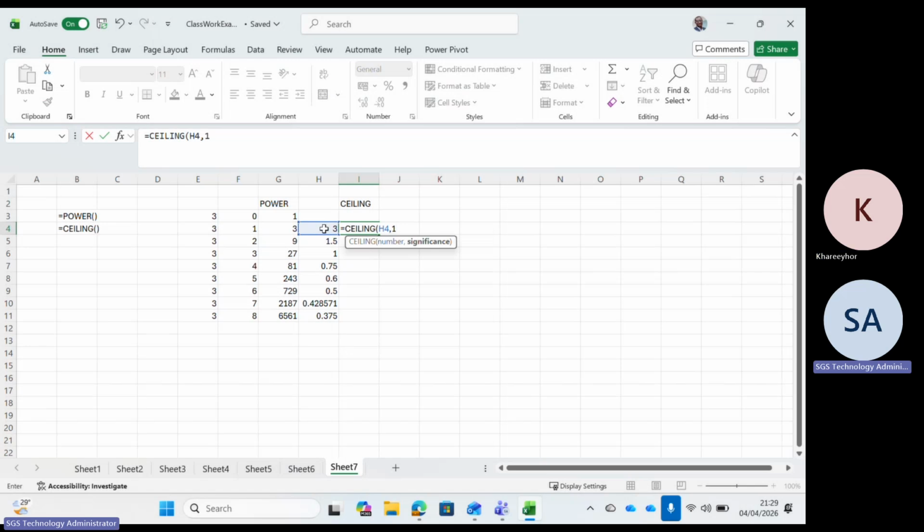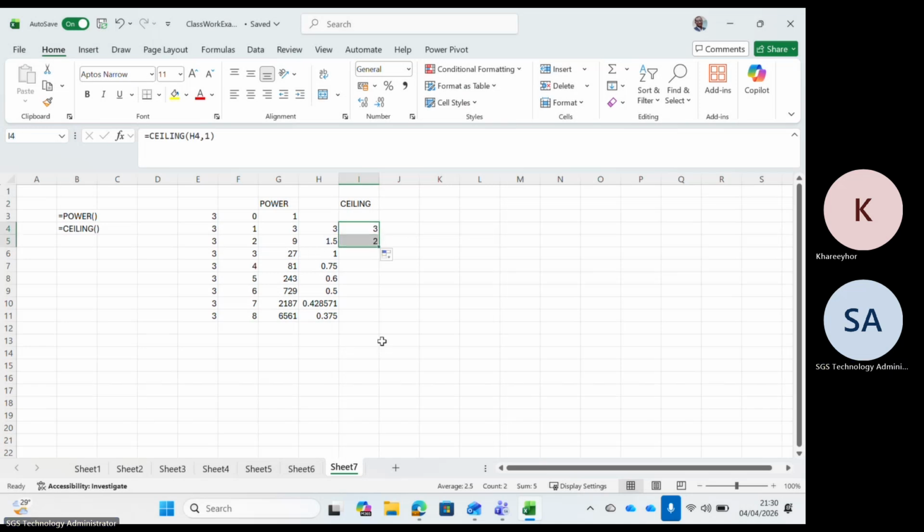How many decimals? Check 1.5, what will it become? It's rounded up to 2. And for the other ones, let's see what happened. It rounded them up to the nearest whole number.